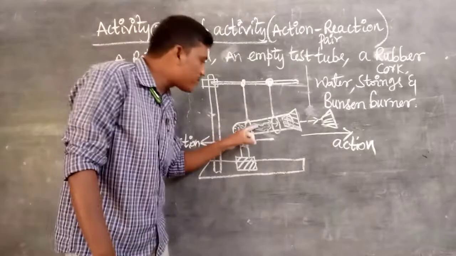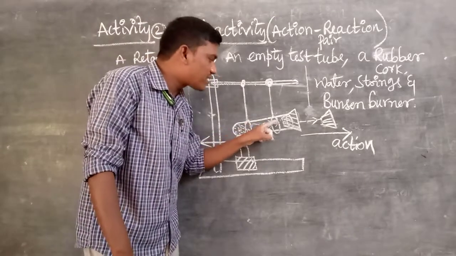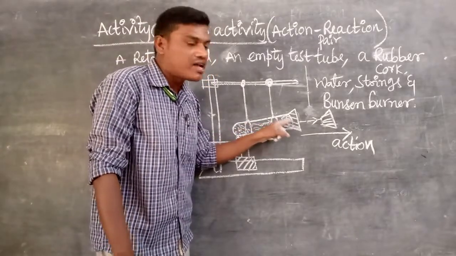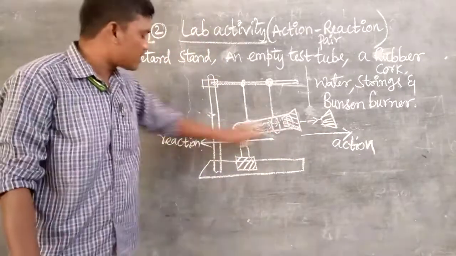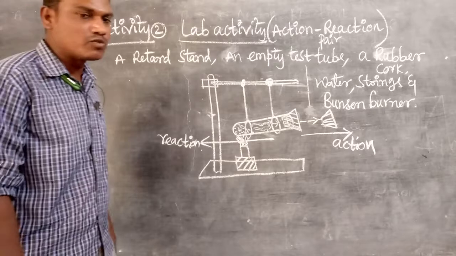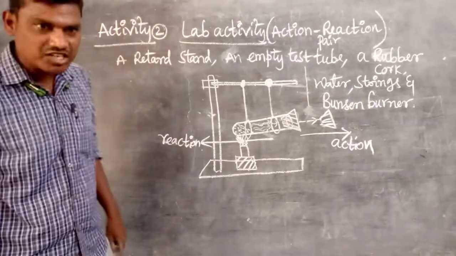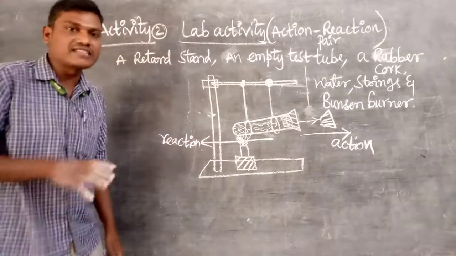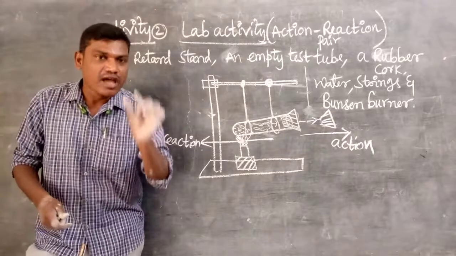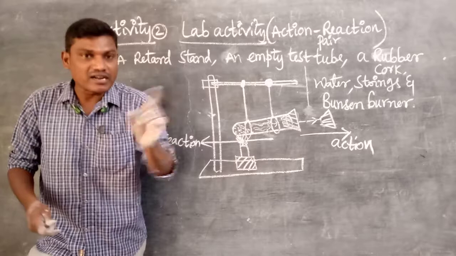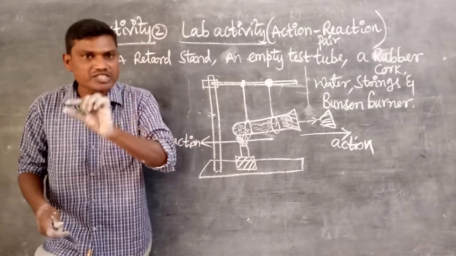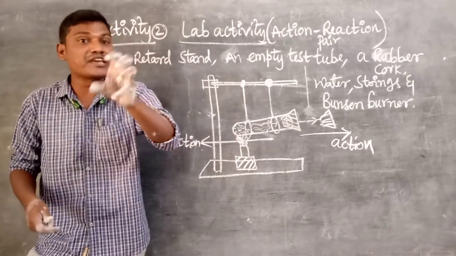The vaporized water applies some force on the cork, then the cork will come outside. That is the action, and immediately the test tube will move backward. That is the reaction. That's why we understand that action and reaction always act on different bodies, not on a single body, and action and reaction are always a pair only.